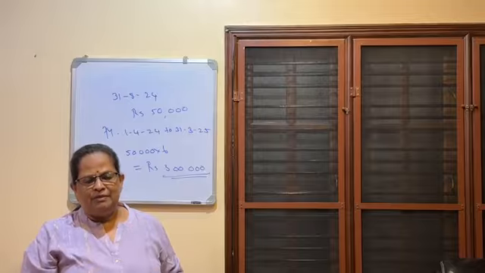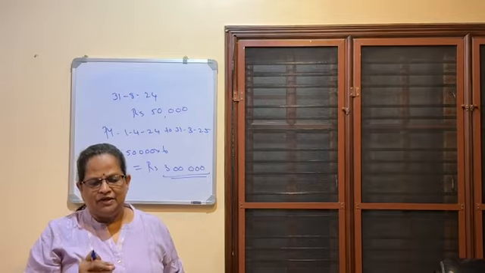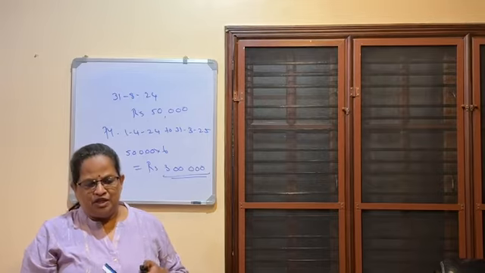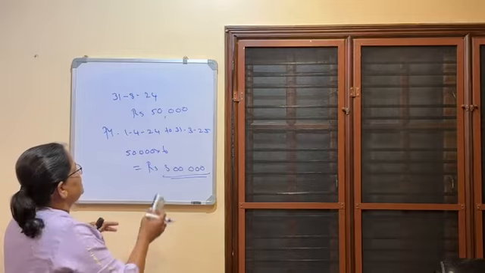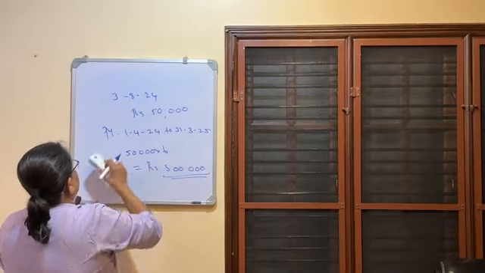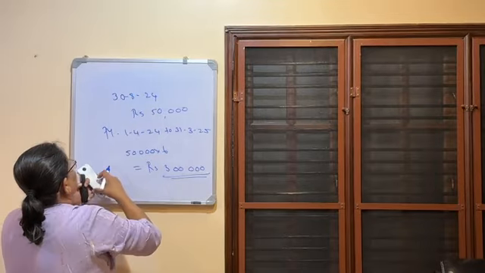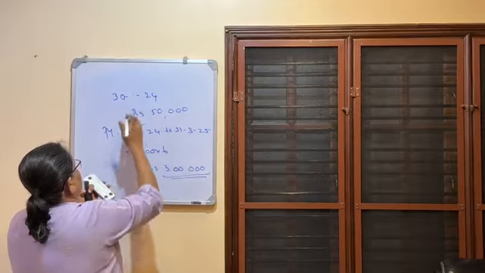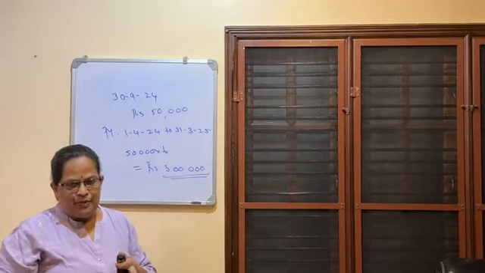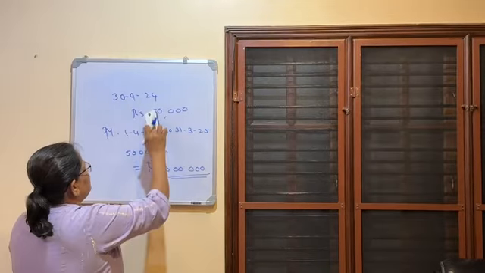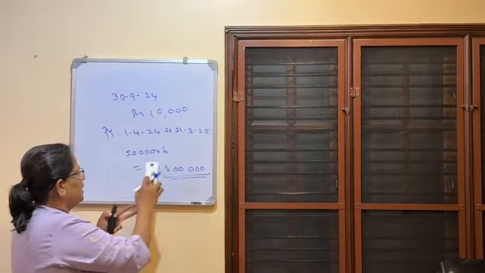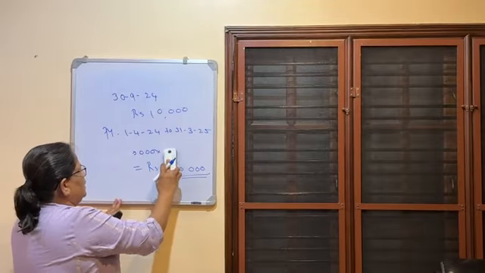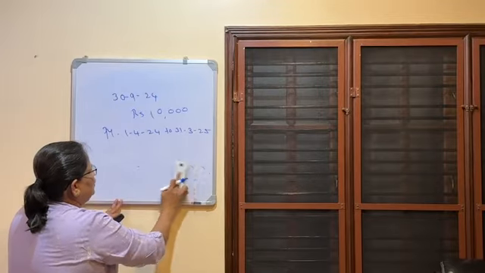Second computation: Mr. K retired from government service on 30th September 24 and his pension was fixed at rupees 10,000 per month. Now you have to calculate the value.